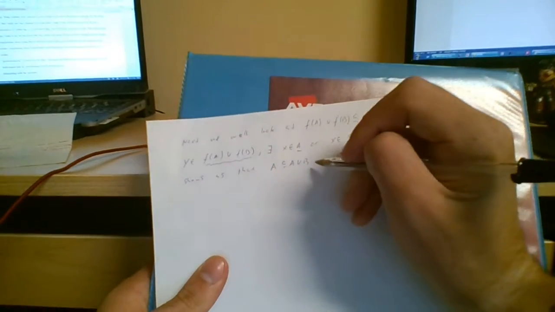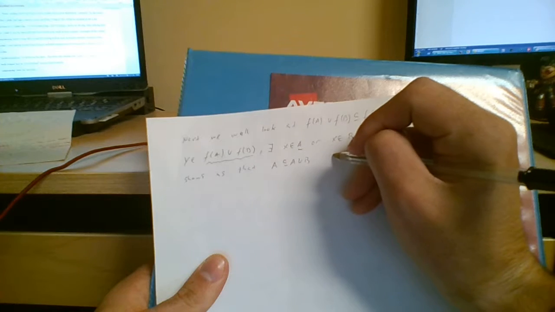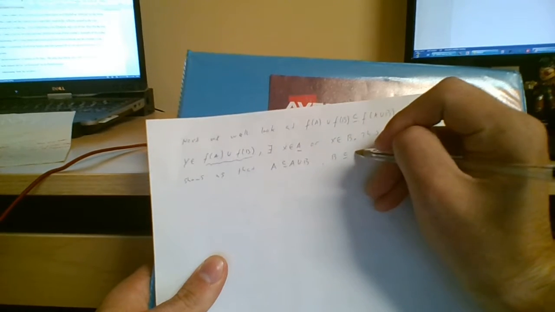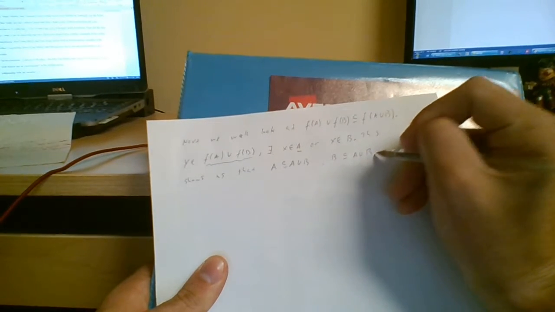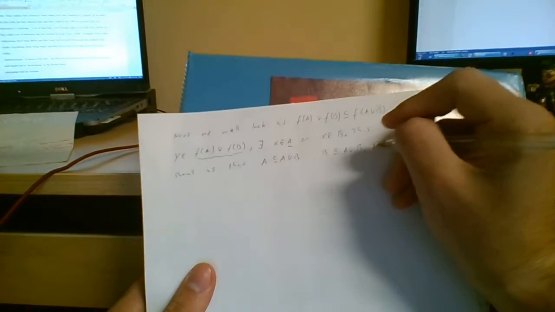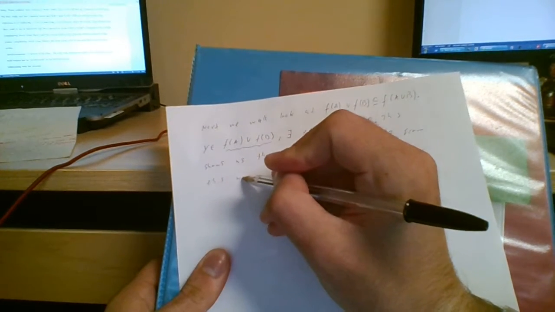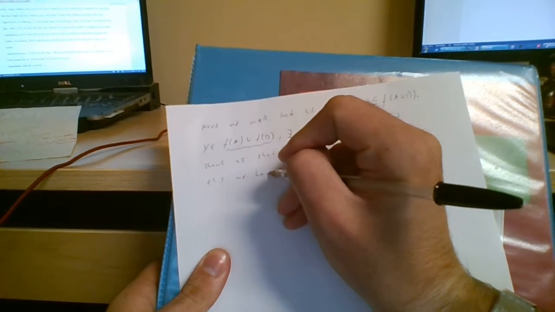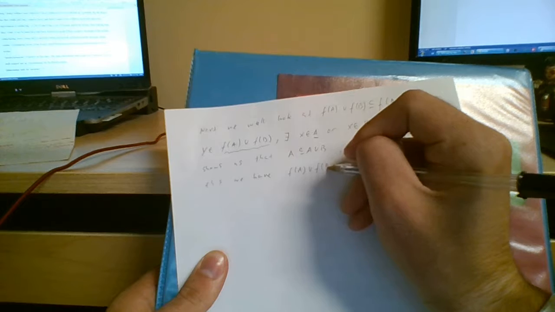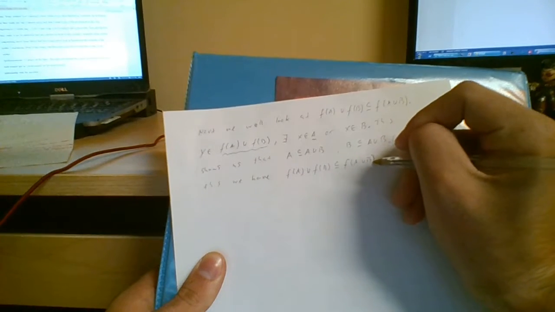So A is a subset of A union B, and we also see that B is a subset of A union B. From this, we have f of A union f of B being a subset of f of A union B.